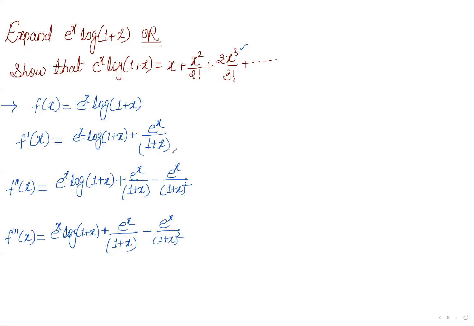First we took this term, that is e raised to x into log of 1 plus x plus e raised to x as it is, times the derivative of log of 1 plus x, that is 1 upon 1 plus x. Then the derivative of e raised to x upon 1 plus x, look, goes slightly wrong here. The term comes as plus e raised to x upon 1 plus x minus e raised to x upon 1 plus x bracket square.